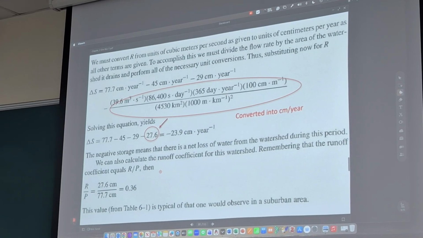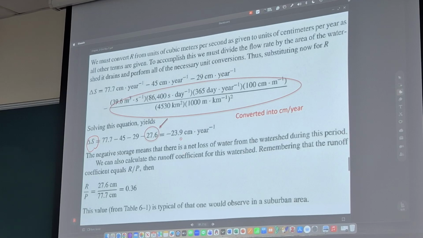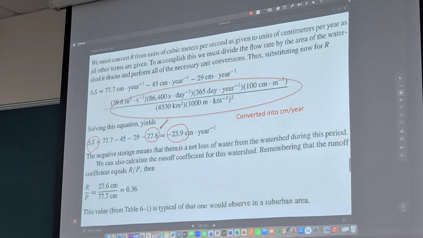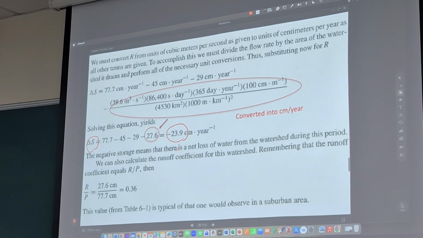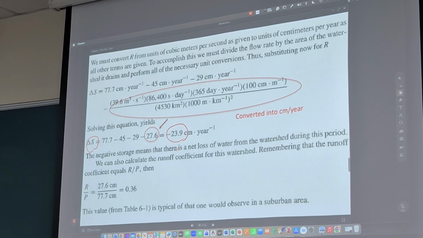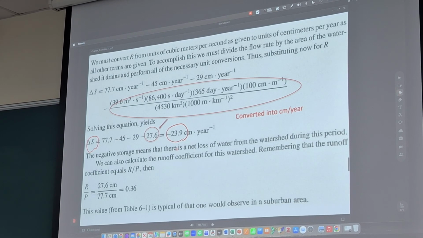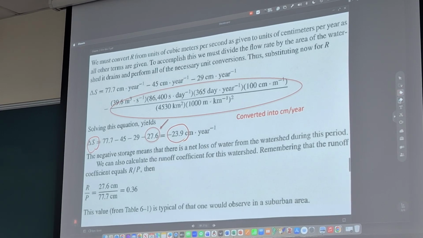Not finished yet. After that, we got delta S. So delta S is minus 23.9. The minus means decrease.